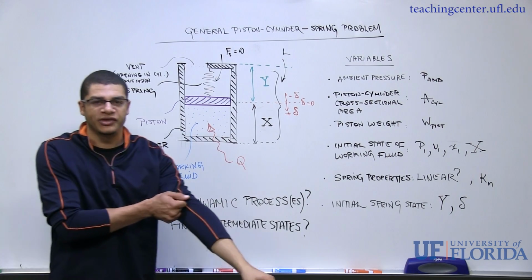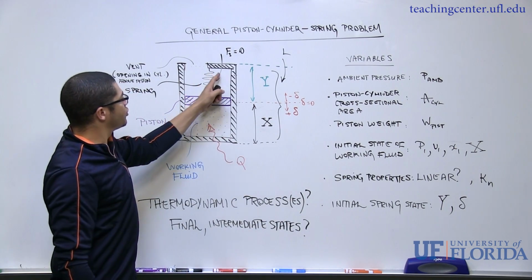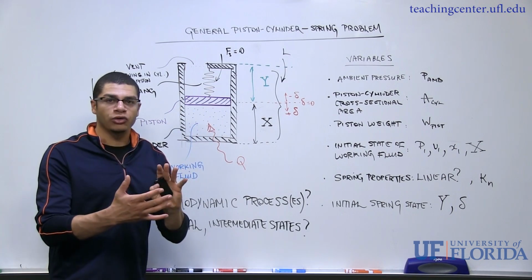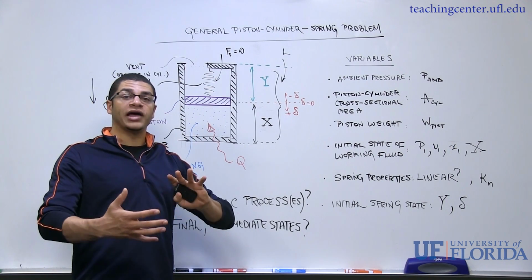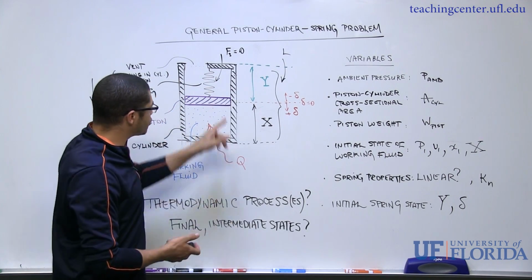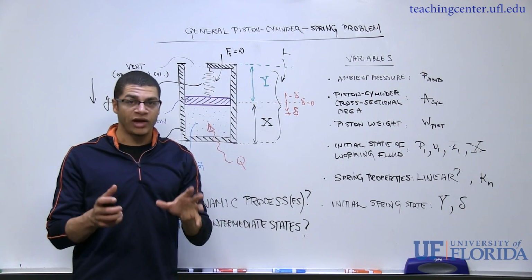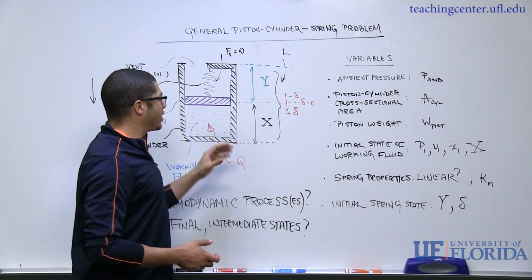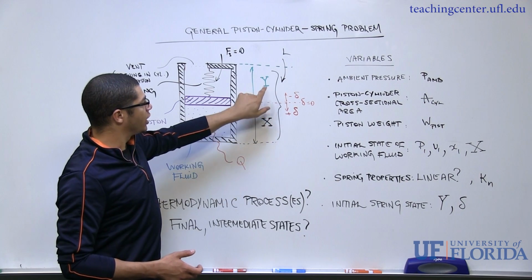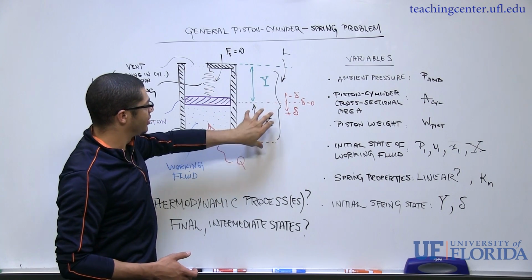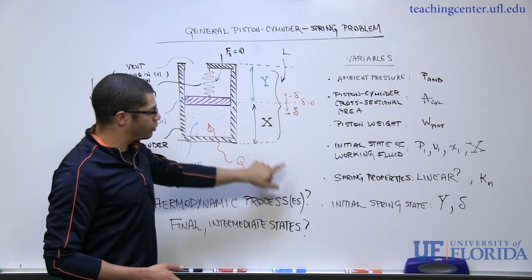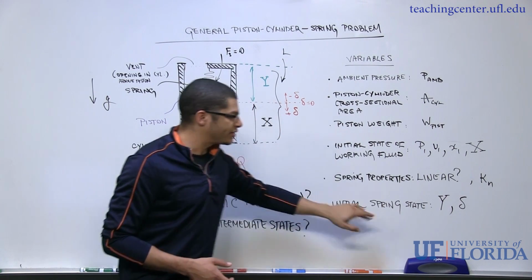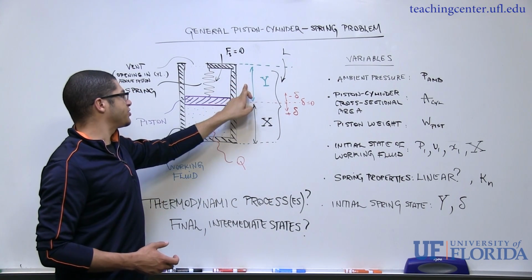And so the way I've drawn this diagram is that the spring is neither compressed or being flexed or in tension. So its net force is 0, the way I've drawn this diagram, and that's going to be related to the way that these other distances are defined. So down below, the initial spring state is going to be related to this distance y.